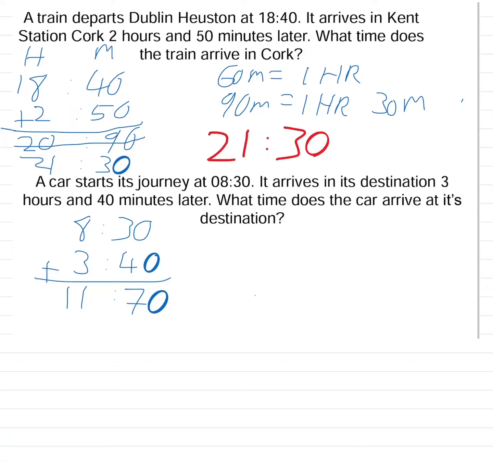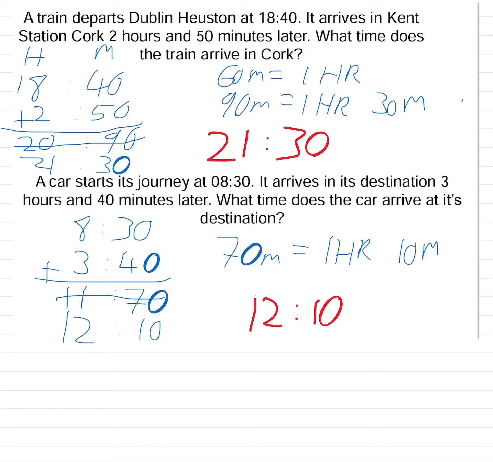So now we have 11:70. But 70 has gone past the hour, and 70 minutes is 1 hour and 10 minutes. So let's change this now to 12 and then 10. So our answer to this question is 12:10.